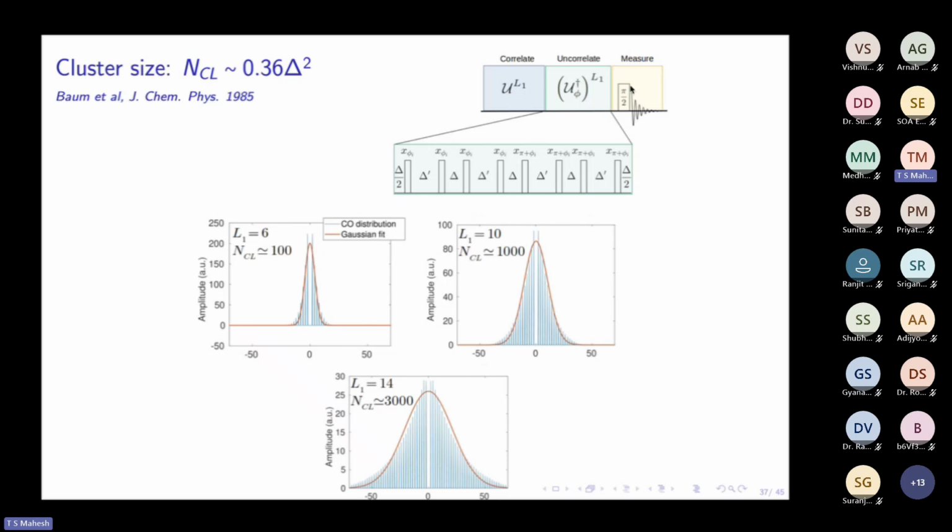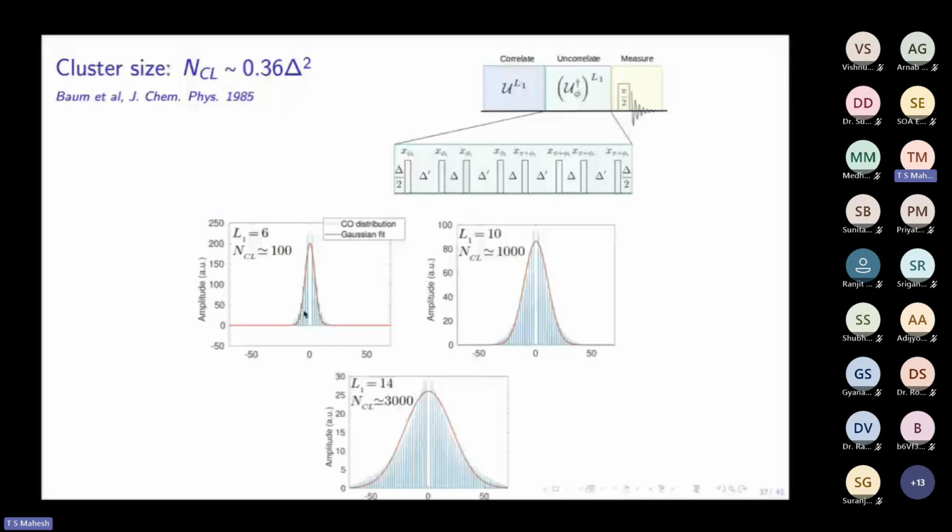Now you apply a final Hadamard gate and then measure the signal, and that gives a Gaussian type of signal. The width of the Gaussian, delta, is related to the size of the entangled cluster: 0.36 times delta squared gives the entangled cluster size.